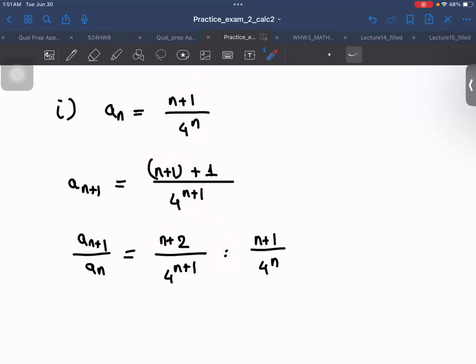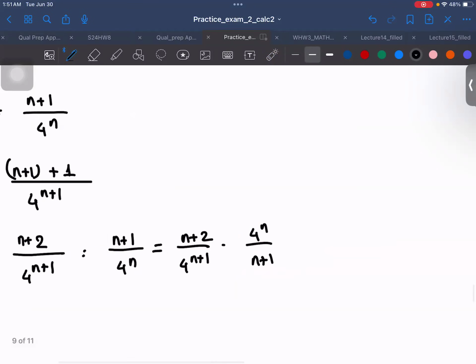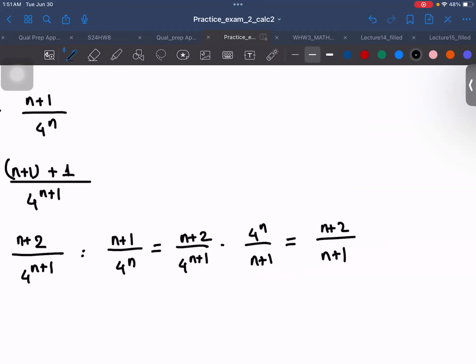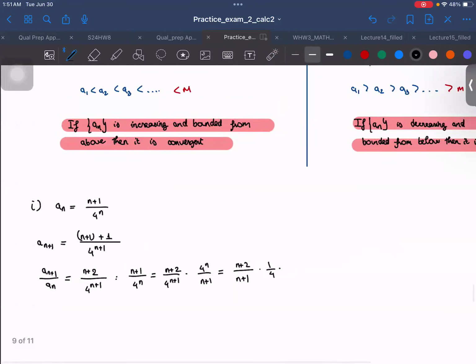Dividing by a fraction can be rewritten as multiplication by the reciprocal. So you're going to have (n plus 2) divided by (n plus 1) times 1 over 4.